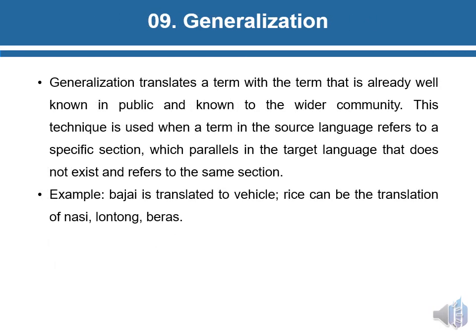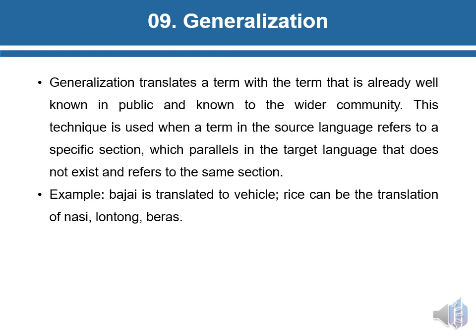Alright, now the last translation technique, part 1. The ninth one is generalization. Generalization translates a term with the term that is already well known in public and known to the wider community.